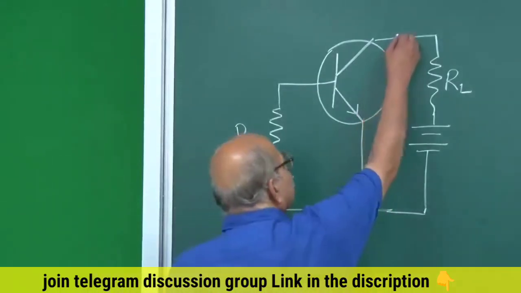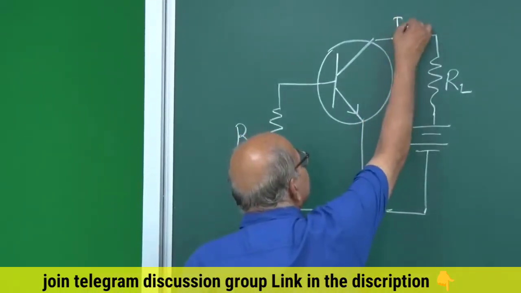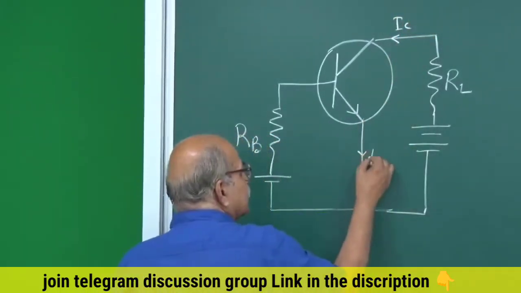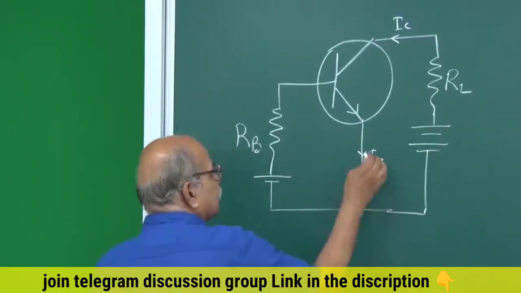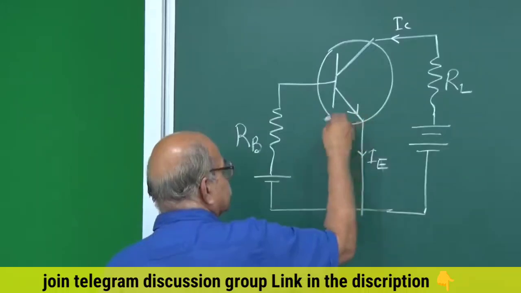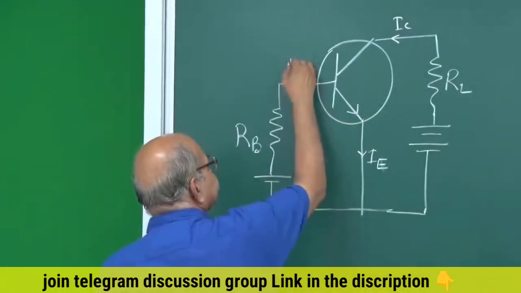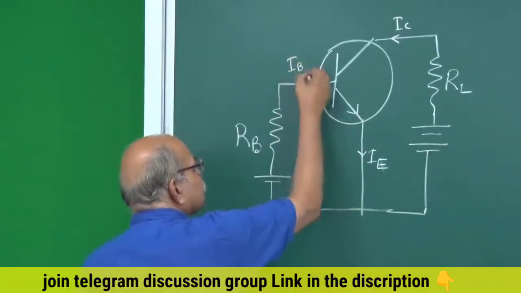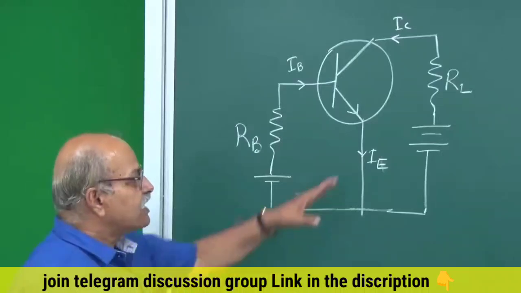So, you have a current IC here, current IB here, IE, and then IB going like this. So, this is the normal operation, and that is the active region.